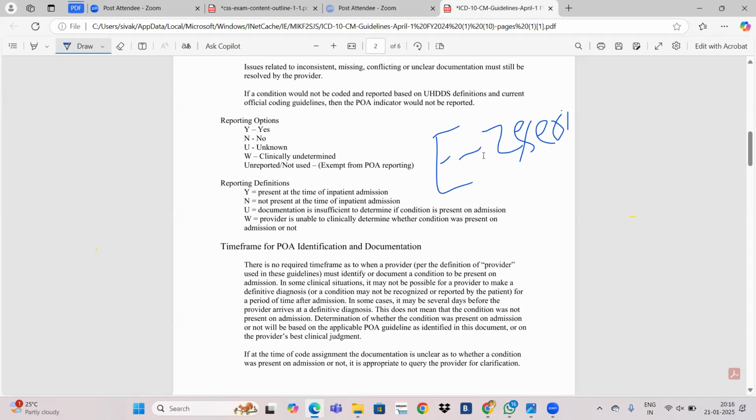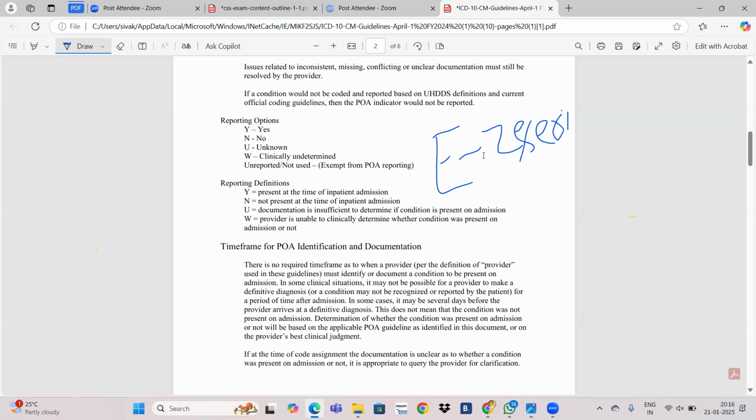Yeah, Y and N. Suppose a patient goes to the hospital with fever and SOB. Then they identified the fever temperature was very high. They gave admission, asking the patient to stay in the hospital for 2 or 3 days.